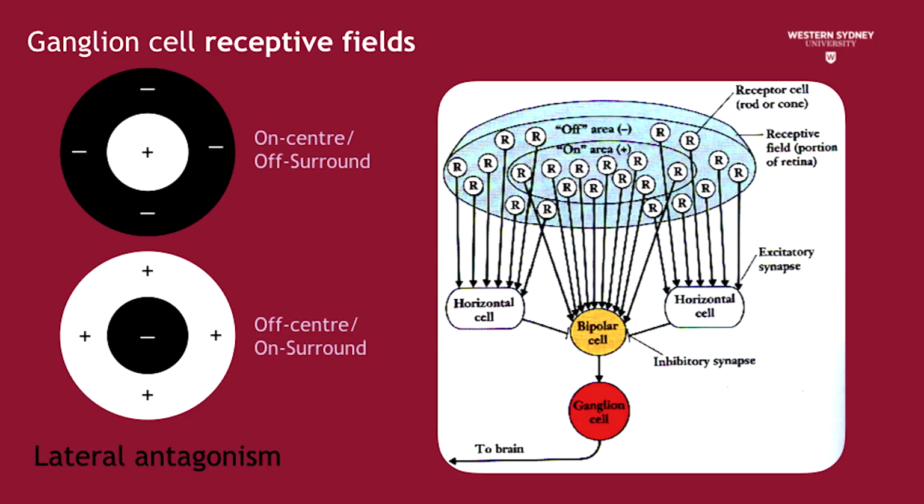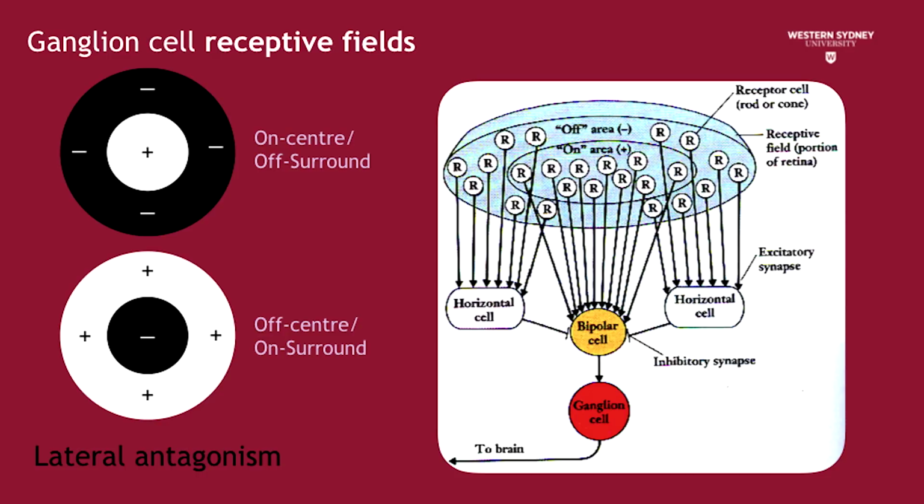To make this bipolar cell fire, it must receive greater excitatory input from receptors in the ON area than in the OFF area. If the receptors in the OFF area are stimulated, this will inhibit the bipolar cell. In other words, to elicit a response from this ganglion cell, more light has to fall onto the ON area, that is the central area above, than its surrounding OFF area.